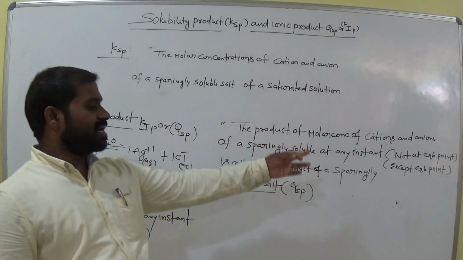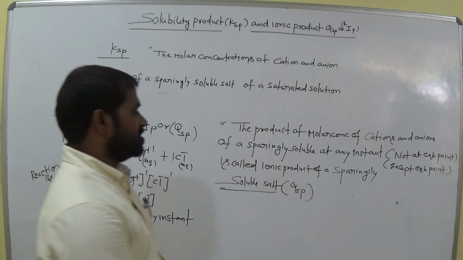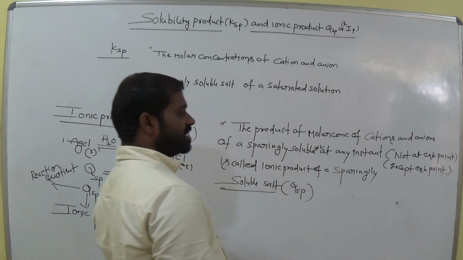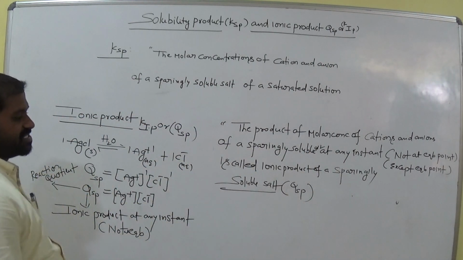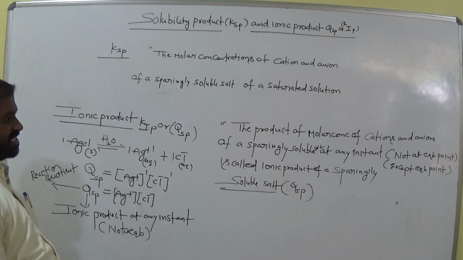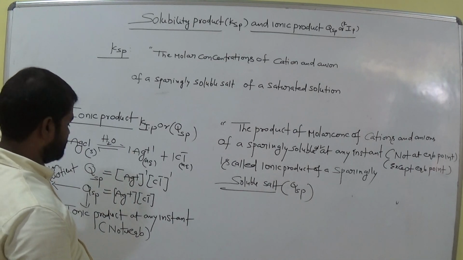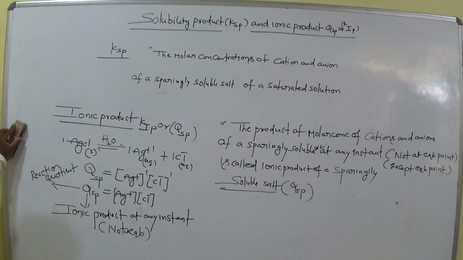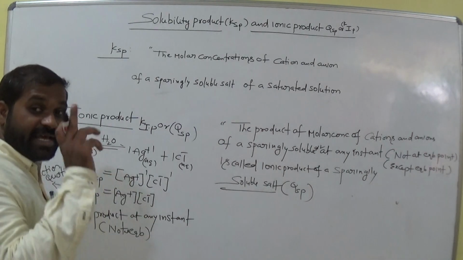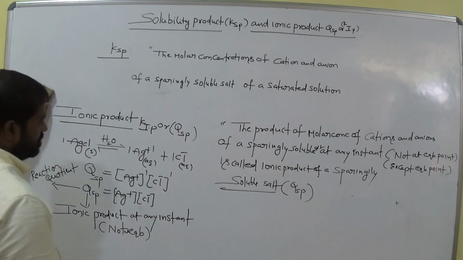The product of molar concentration of cation and anion of a sparingly soluble salt at any instant, not at equilibrium point. This condition is not the equilibrium condition. Remember this. In this case, the expression is the same. Okay, I will explain how. Clear? In the previous topic we discussed the reaction quotient. The same phenomenon we have here in solubility product also.